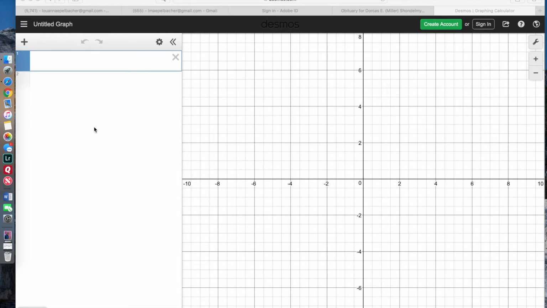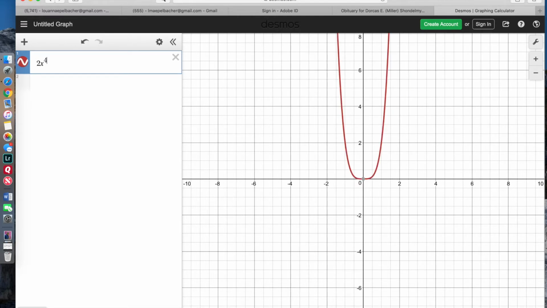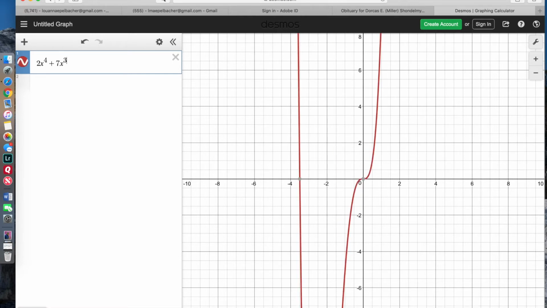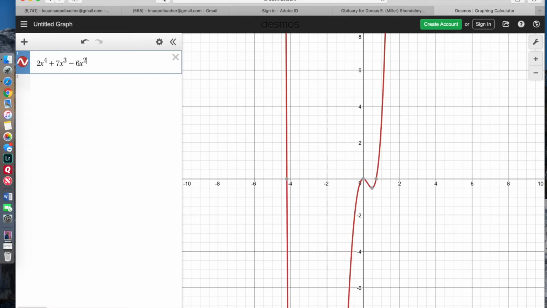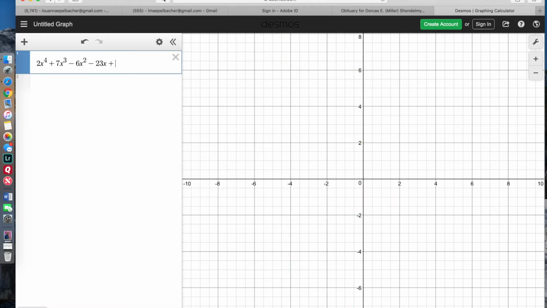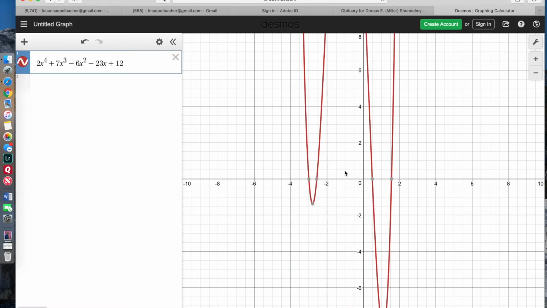Really, it's sufficient at this point for you to go ahead and in Desmos and just type the equation. So that's 2x to the 4th plus 7x cubed minus 6x squared minus 23x plus 12. And just look, now you know that this is a 4th degree equation, and so you're just going to look at the 4 x-intercepts, and you can see that for sure negative 3 is a rational root.